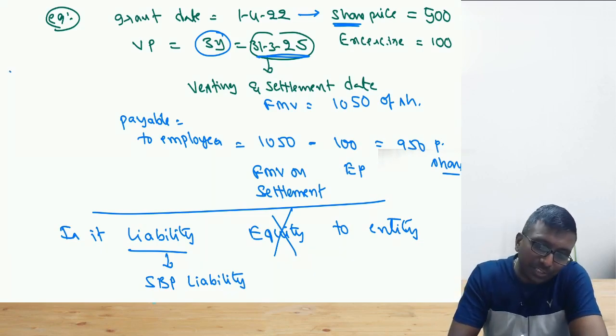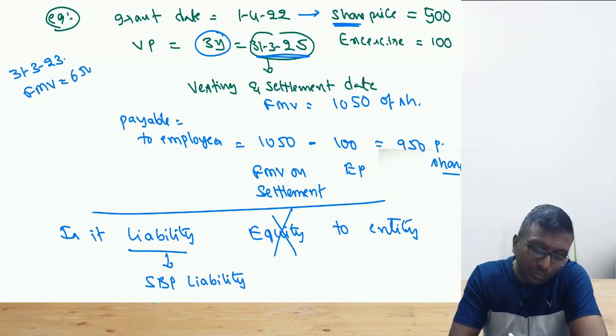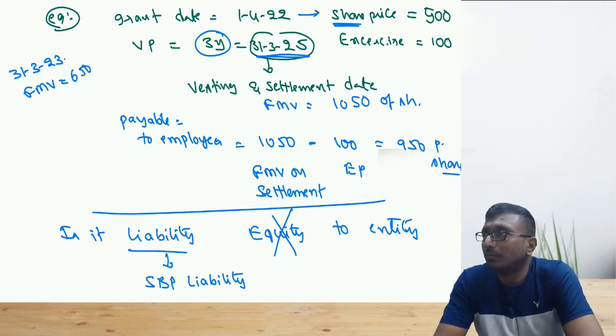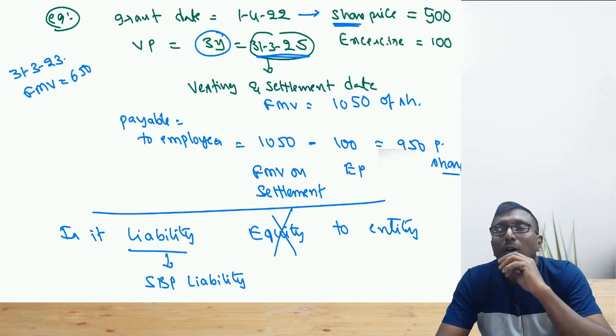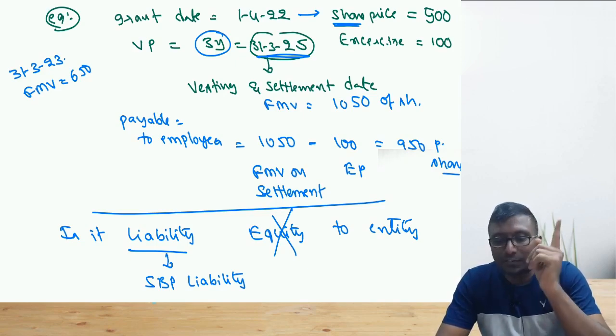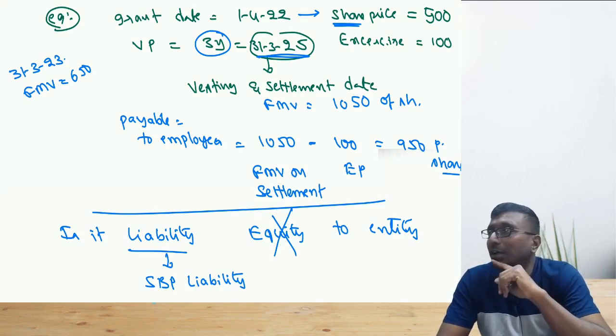But at the end of the first year, 31st March 2023, the fair market value of the share has gone up to 650 rupees. Share value will fluctuate, so the fair value fluctuated to 650. Now how much should I take? Shall I take 500, 650, or the average? Is the question clear?